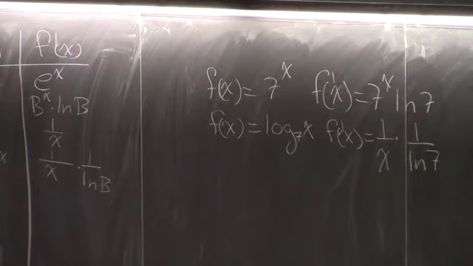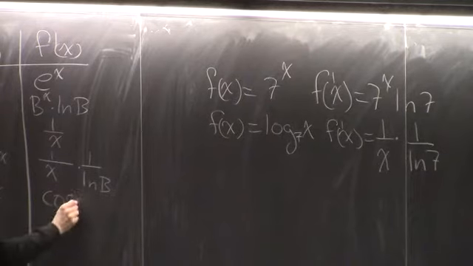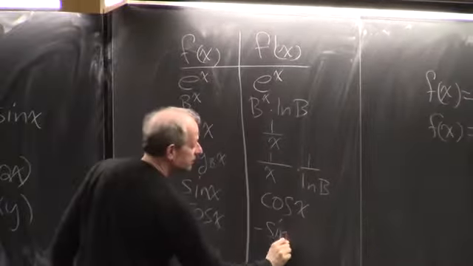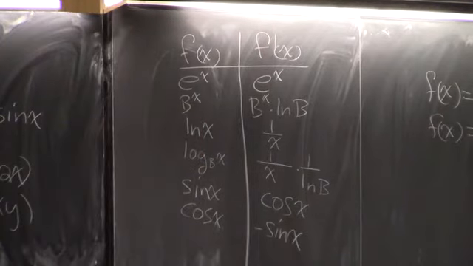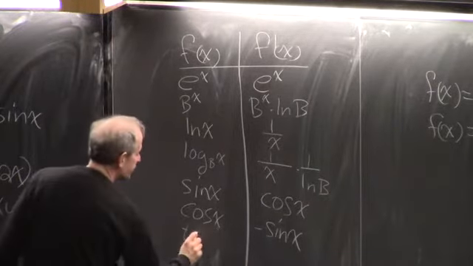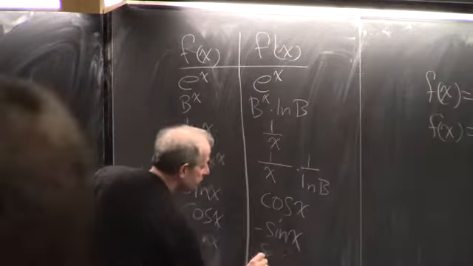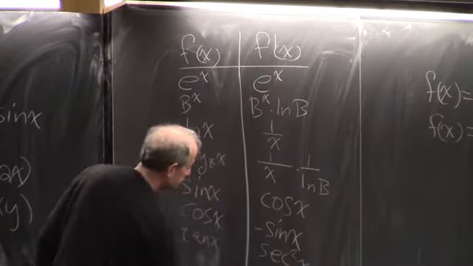Okay, of course we can make this harder. All right, what's the derivative of sine? Cosine. Derivative of cosine? Negative sine. The derivative of tangent is secant squared.